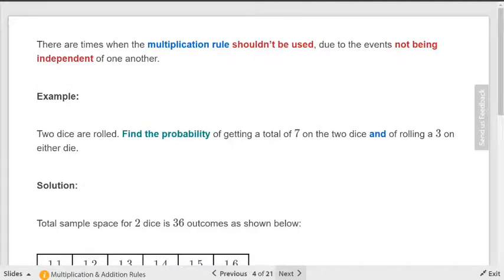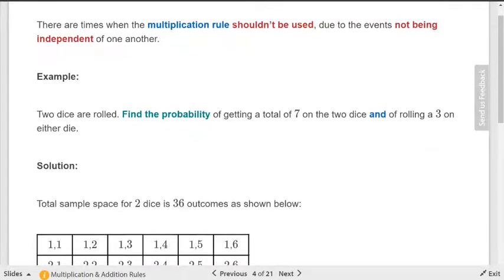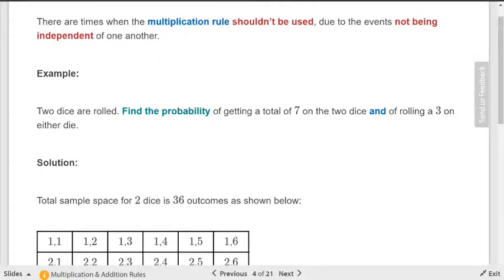Now, there are times when you can't use the multiplication rule. And always means multiply, but occasionally the rule fails. That rule fails when two events are not independent.